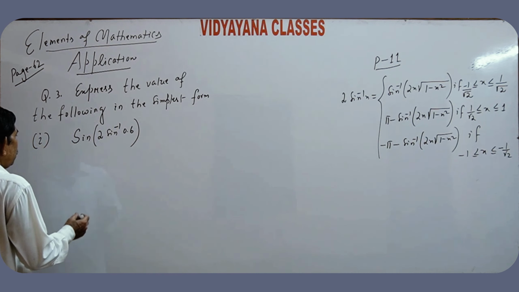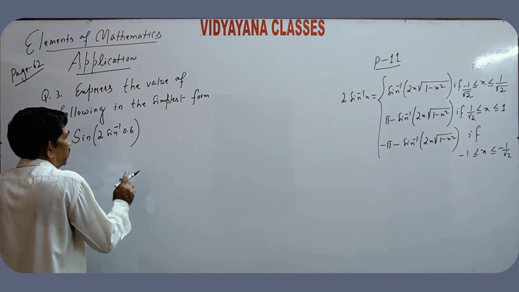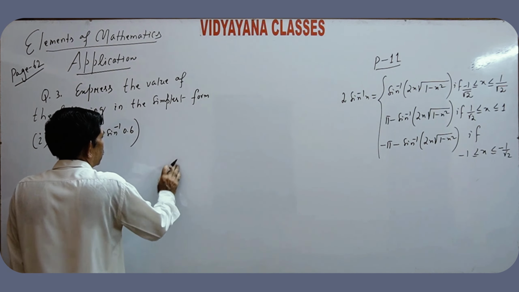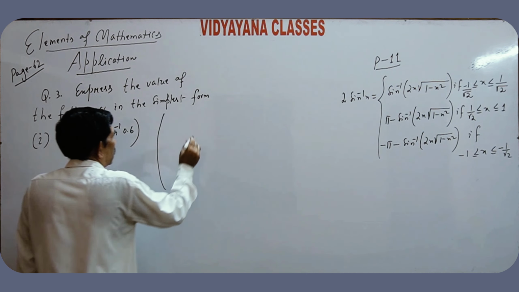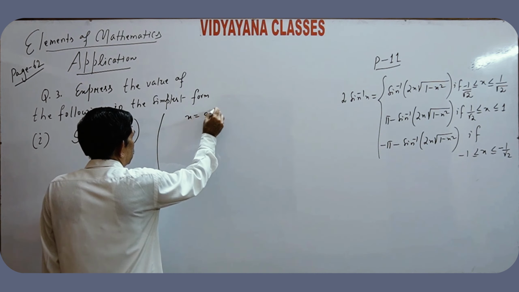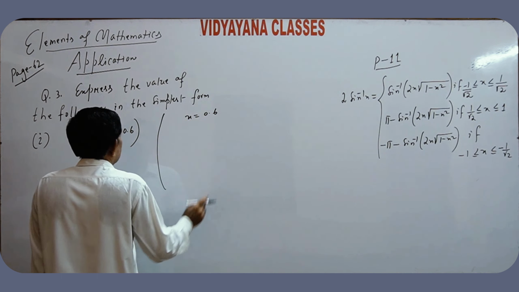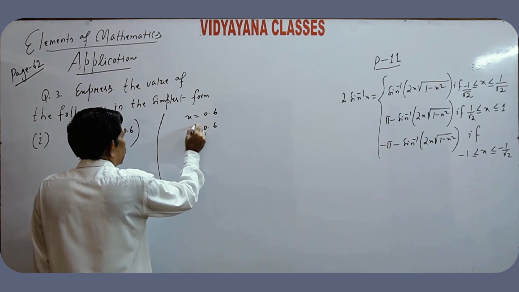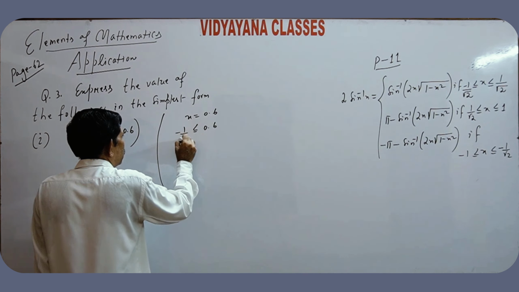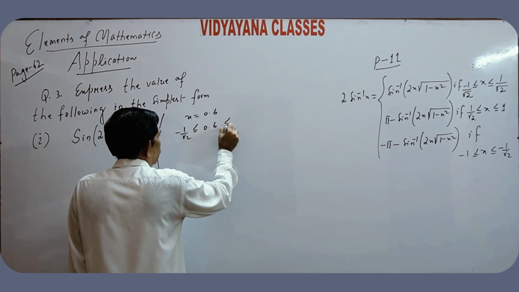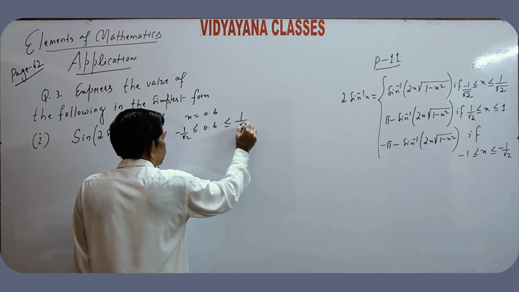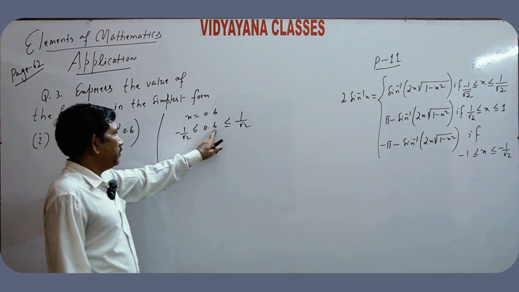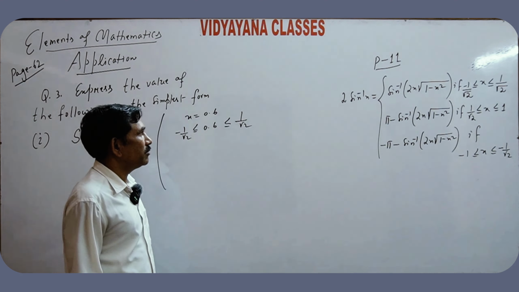Here x is equal to 0.6. 0.6 lies between minus 1 by root 2 and 1 by root 2, that is 3 by 5 is less than or equal to 1 by root 2.